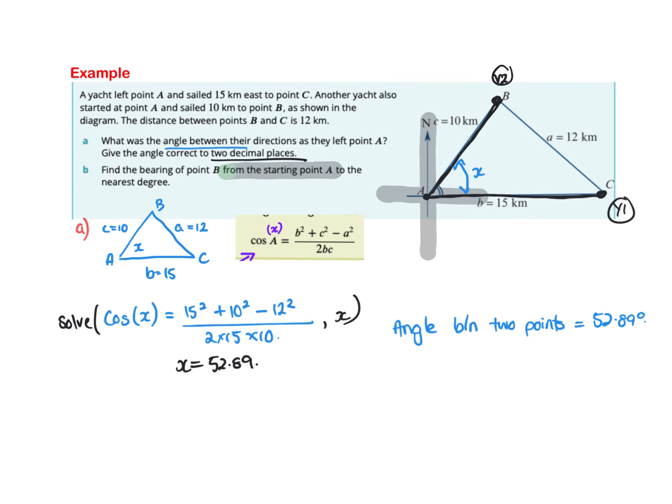Now the next question is find the bearing of point B from the starting point of A. So remember when they say from the starting point of A, that's where you're starting. You're starting from A's north and you're going to go until you hit the line that joins A and B. I'm going to call it y, we need to know what that bearing is from that north to that line. Now, at the start, they said that was directly east.